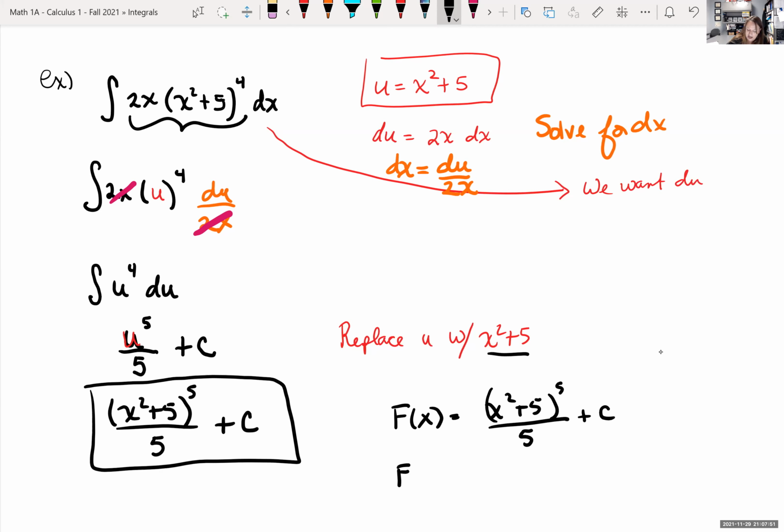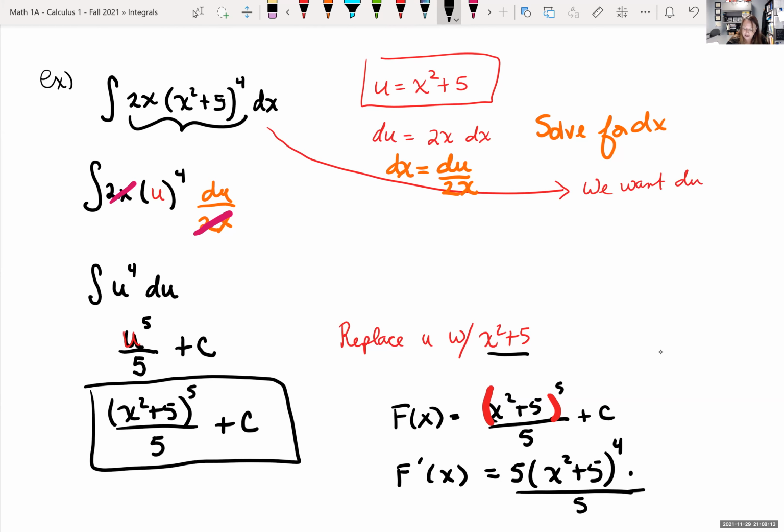So let's just check the derivative of this. Well, we need to use our chain rule. So bring our power down front. So 5 times the inside, x squared plus 5, subtract 1 from our power, it's now 4. That's all over 5, times the derivative of the inside.